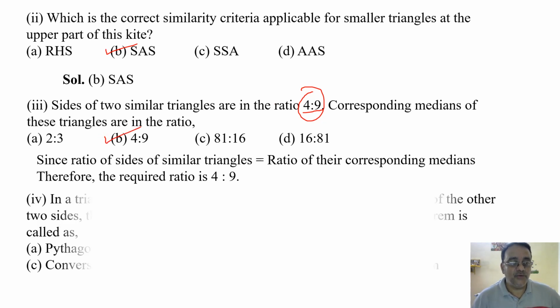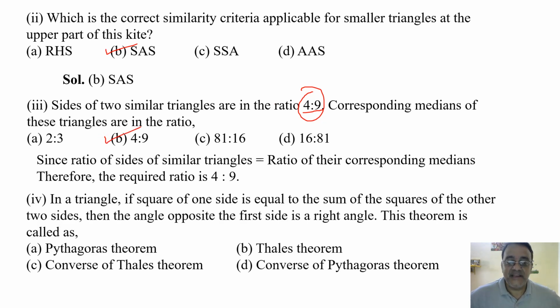Right. So now we are moving toward question number 4. In a triangle, if square of one side is equal to the sum of the squares of the other two sides, then the angle opposite to the first side is a right angle. This theorem is called dash. Pythagoras theorem. Converse of Pythagoras theorem. कई लोग यही Pythagoras लिखते हैं by mistake, लेकिन correct answer है converse of Pythagoras theorem, right?